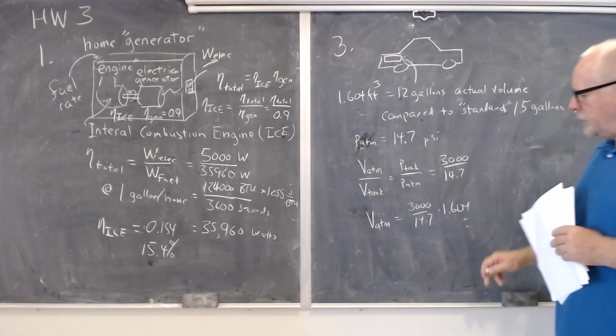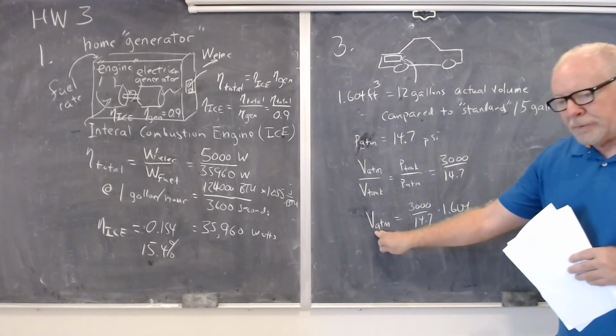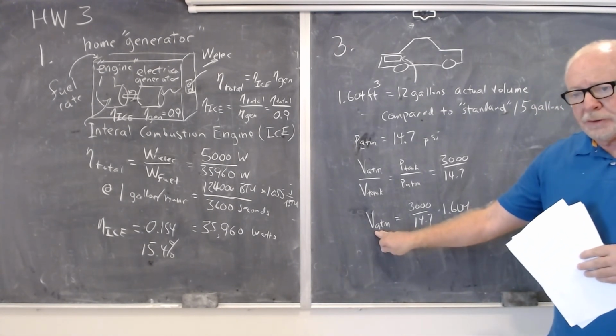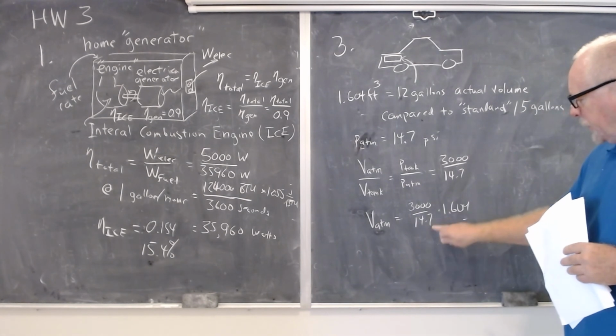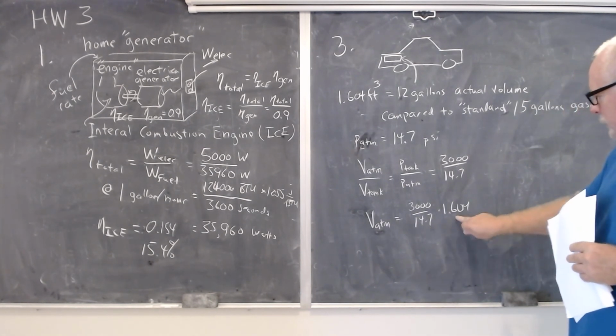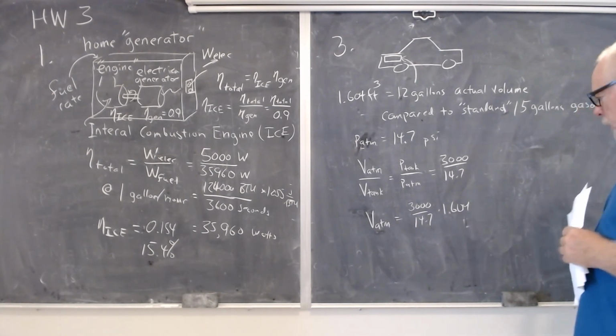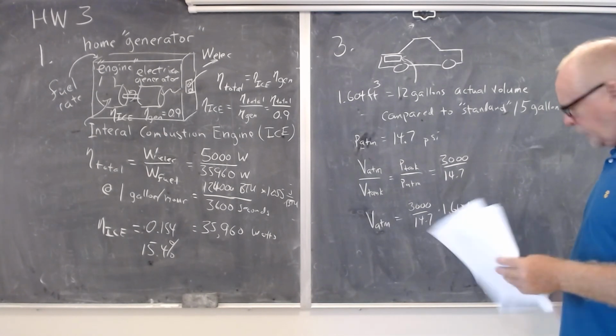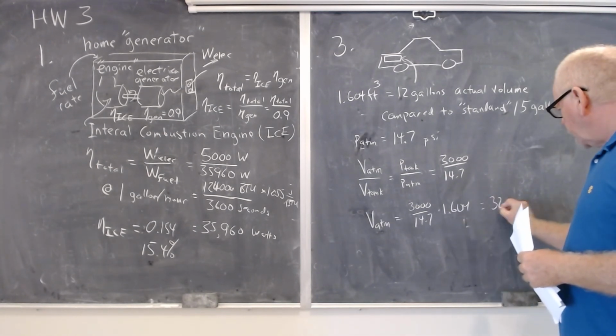So the point is that the original volume of the natural gas before you compressed it is 3,000 over 14.7 times the size of the tank. And that gives you 327 cubic feet.